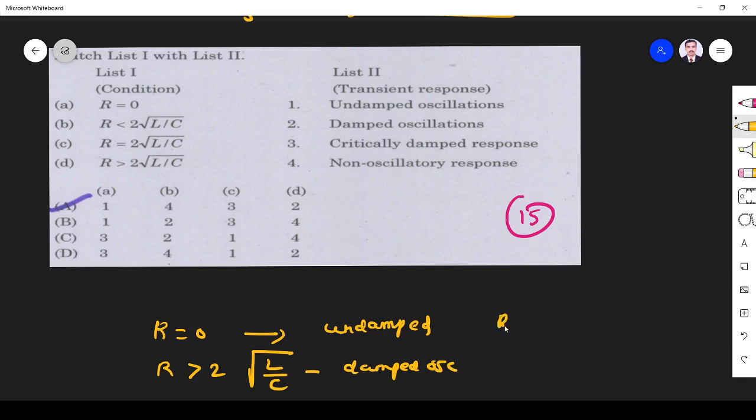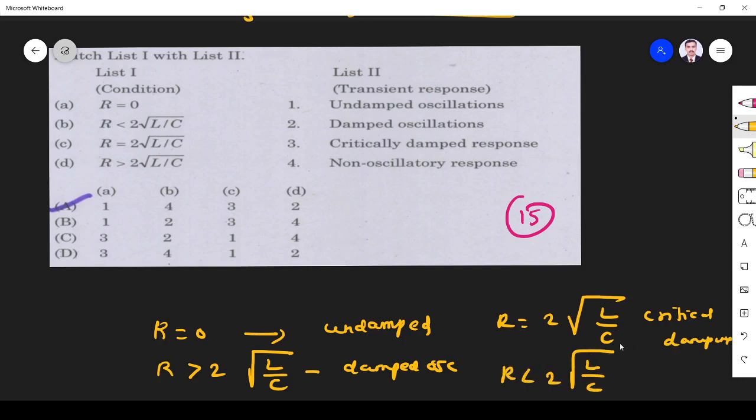When R is equal to 2 root of L by C, critical damping. When R is less than 2 root of L by C, it may be underdamped or non-oscillatory. So I think option A matches with this exactly.